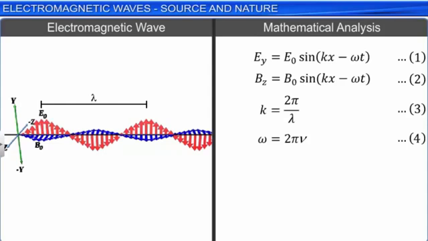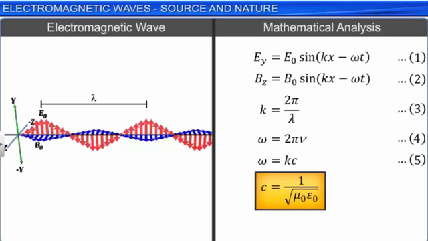Let this be equation 5. Here, c is the velocity of the electromagnetic wave that is equal to 1/√(μ_0 ε_0). On substituting equations 3 and 4 in equation 5, we get c = νλ.